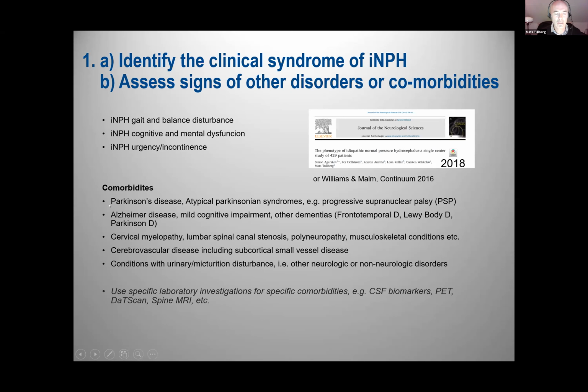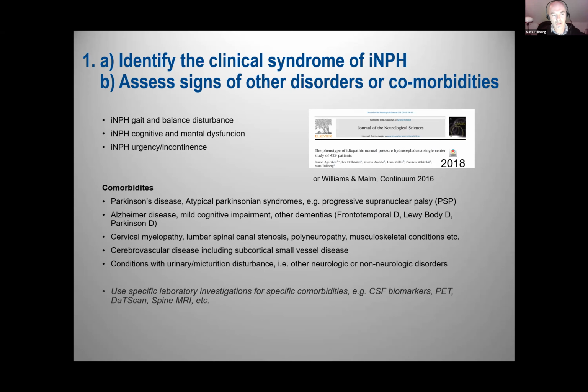Parkinson's disease, atypical Parkinsonian syndromes, for instance, progressive supranuclear palsy, which can act quite similar to INPH in my experience. Alzheimer's disease or MCI with Alzheimer profile, and also other dementias. So when we look at the cognitive profile, we need to take into account if patients show signs of such disorders.